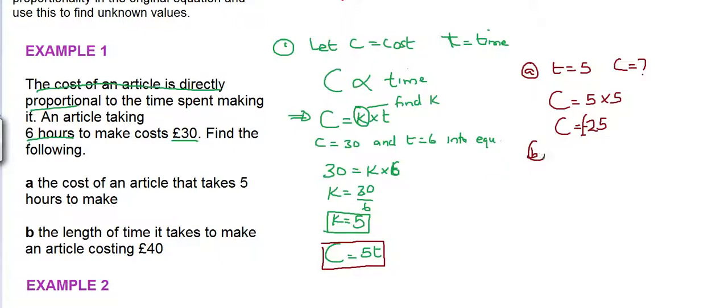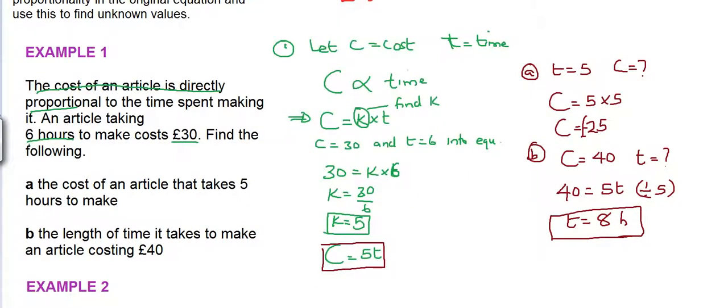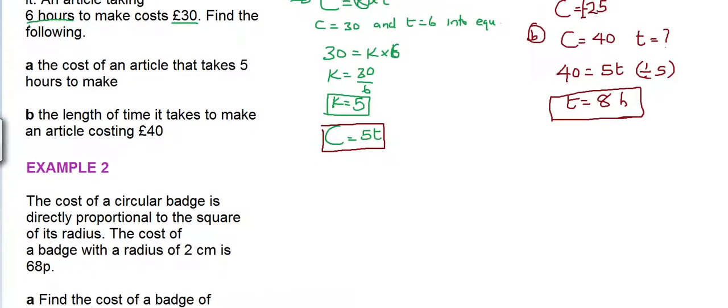Then B: we're given C equals 40, find t. So 40 equals 5t. We divide both sides by 5. We have t equals 8 hours. It takes 8 hours to make an article costing 40 quid.